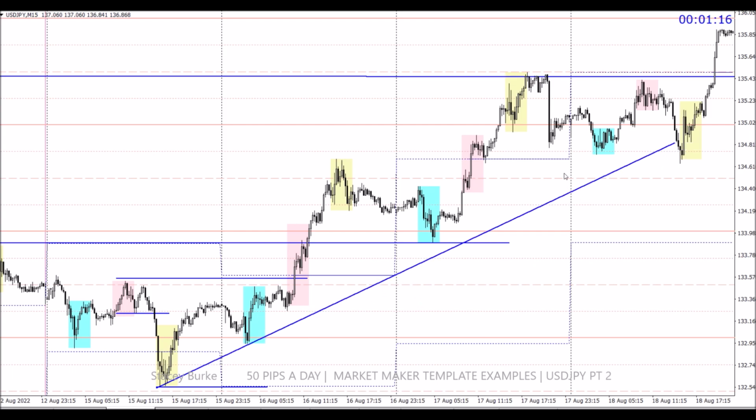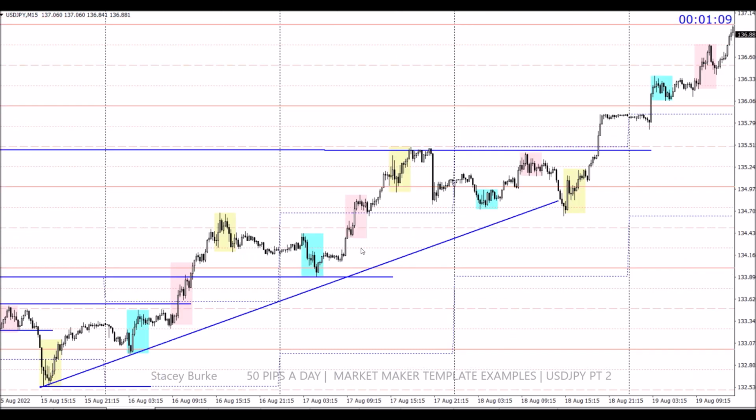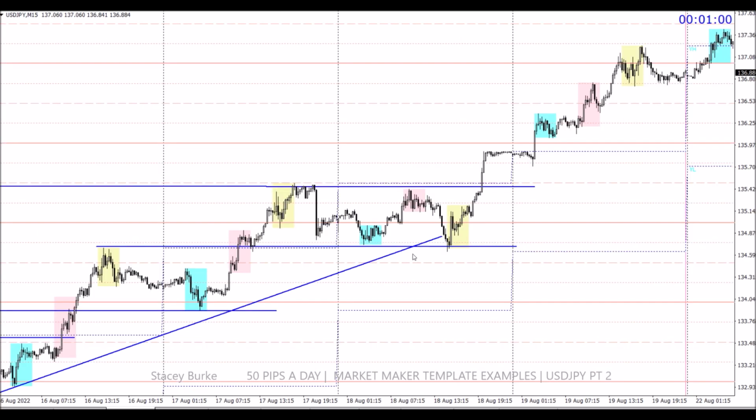If they are, they're going to get caught counter trending or trying to reversal trade a trending market. Day 1, day 2, day 3, making new highs. Again, breakout, pullback, continuation. Day 4, Thursday, breakout, pullback, continuation trade in the US session.